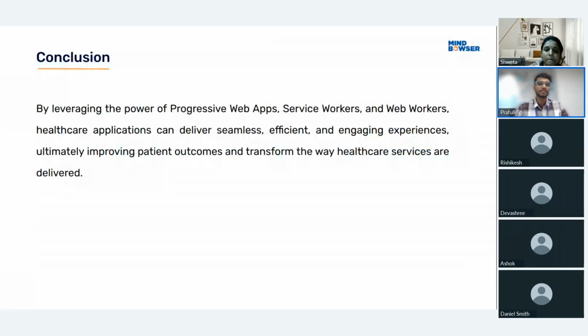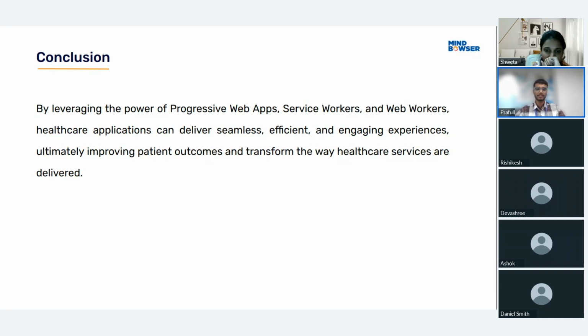That's the conclusion. So web workers and service workers are key technologies that significantly boost Angular application performance and user experience. Web worker enables parallel processing of complex tasks, keeping the main thread responsive for seamless user interactions, which is crucial for data-heavy operations like report generation and image manipulation.